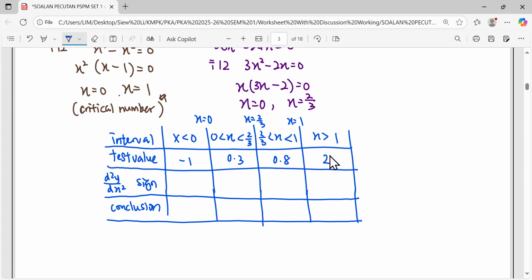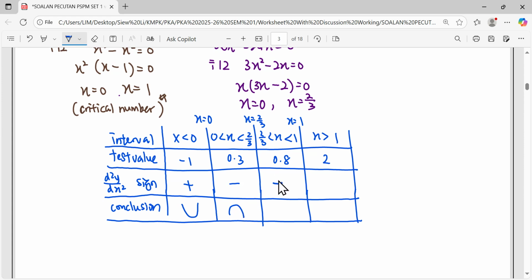When we calculate for minus 1, we notice that d2y/dx squared is positive, so this is concave upward. Repeat for another test value, 0.3. This is negative, so this is concave downward. Then calculate for 0.8.